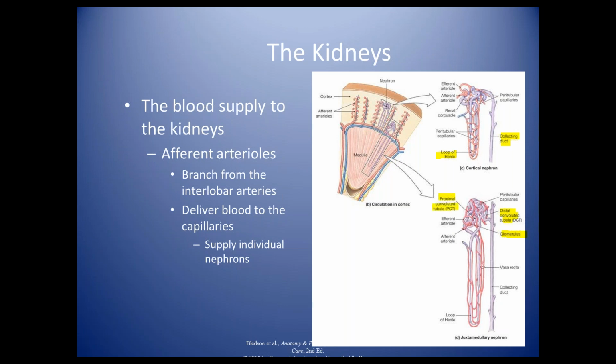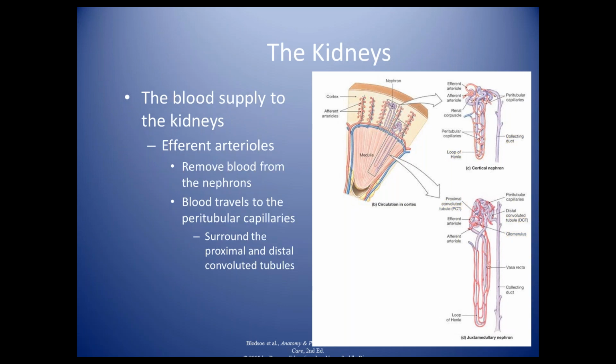And that's going to be where the initial exchange and balance is going to be coming in. And then through our loop of Henle is our long balance of replacing sodium ions, potassium ions, calcium, and getting rid of our waste products. And this is all going to be regulated by ADH and aldosterone, regulating our blood pressure and how much we're going to lose, how much we're going to keep accepting in here in these nephrons.